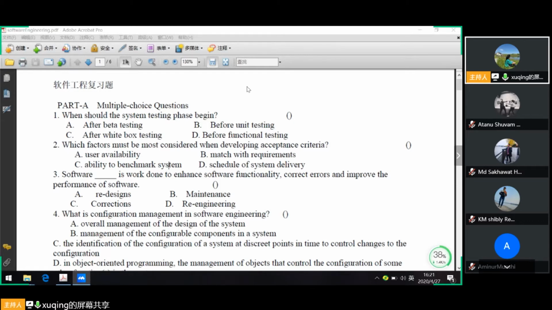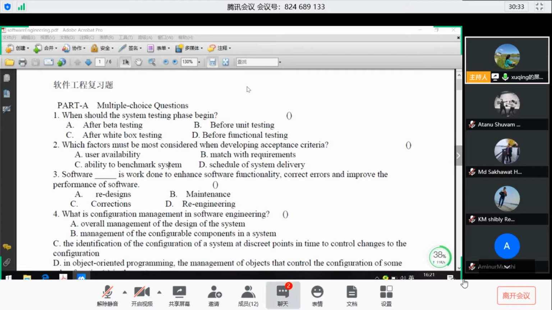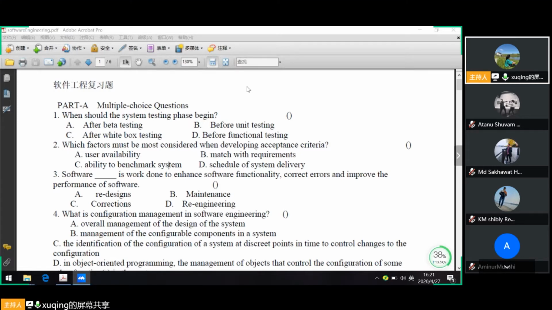For the second one, which factors must be most considered when developing acceptance criteria? When we talk about acceptance criteria, we think about the stakeholders, the end users. They need us to develop a system that corresponds to their requirements.